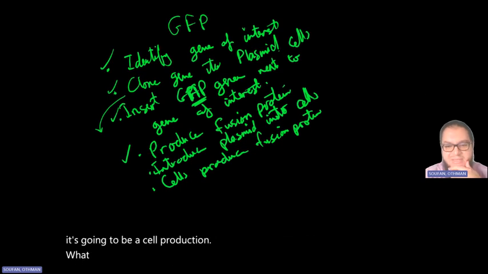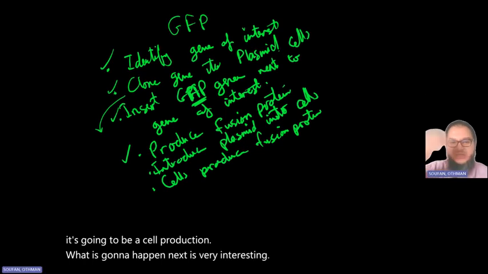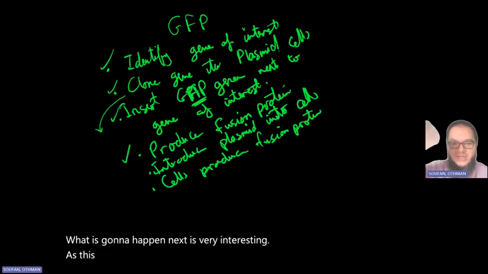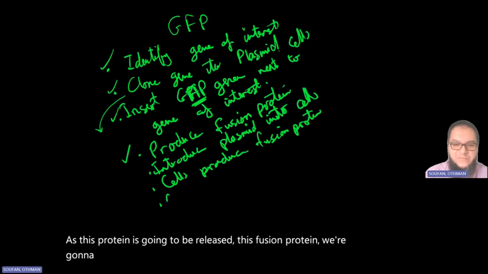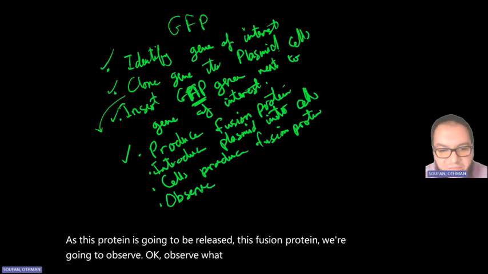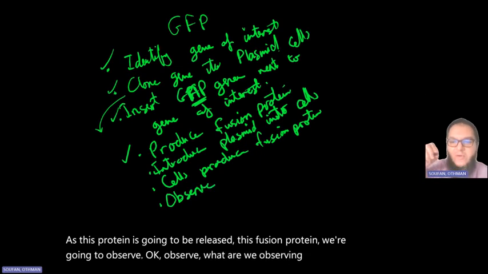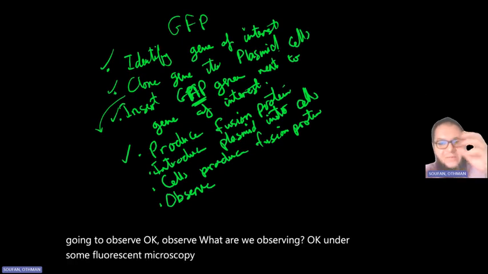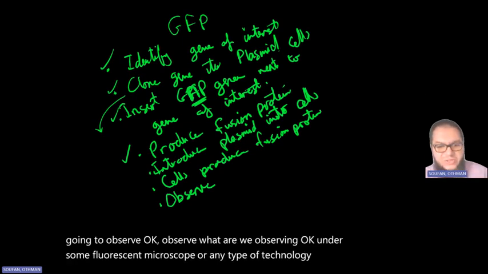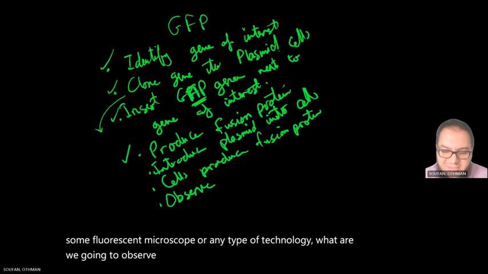What happens next is very interesting. As this fusion protein is released, we're going to observe. Under a fluorescent microscope or some other technology, what are we going to observe? That is a question.